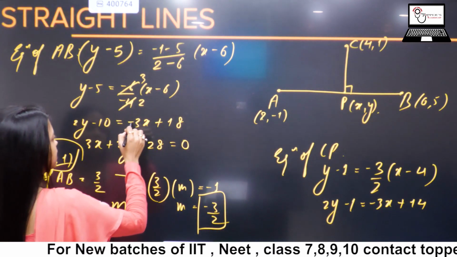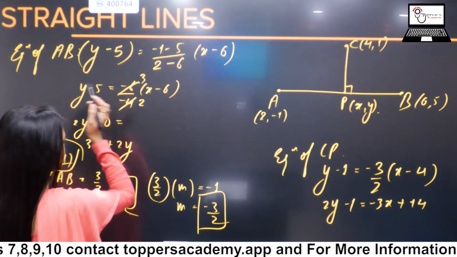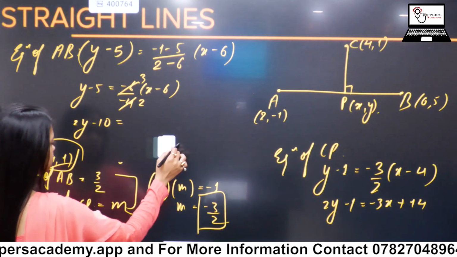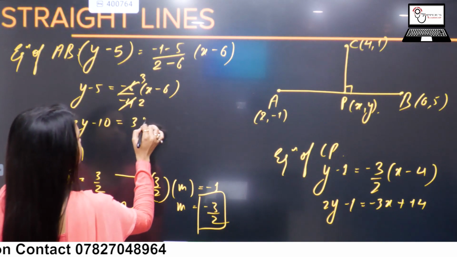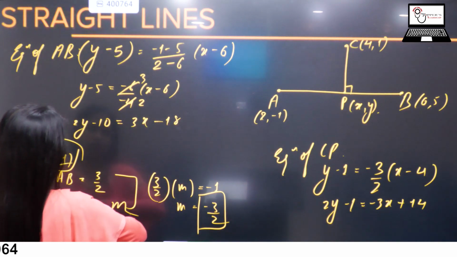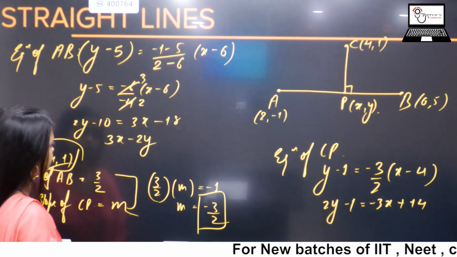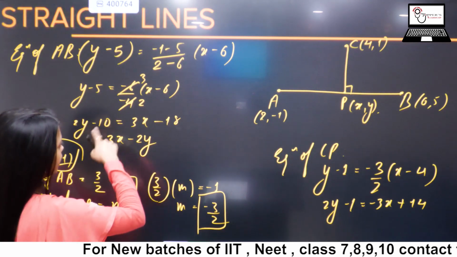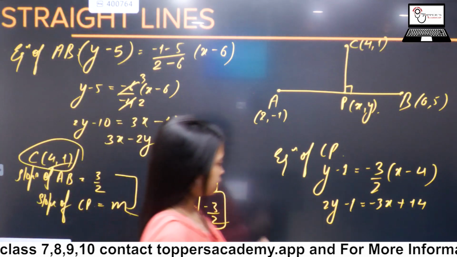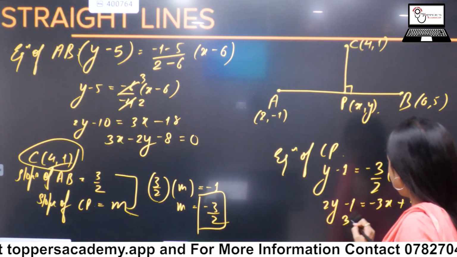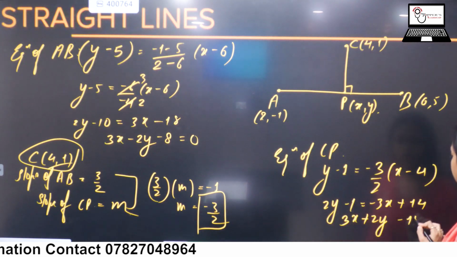Minus is cancelled, so it becomes 3x plus 2y minus 14 equals 0.